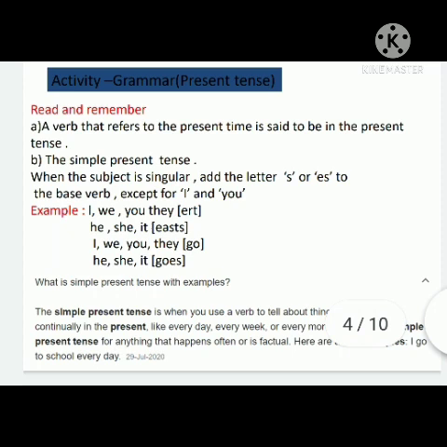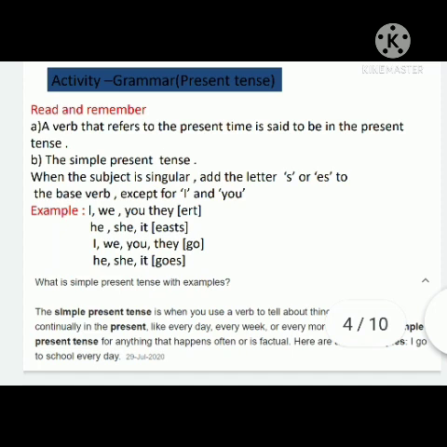For example, if the subject is I, we, you, they, we write the verb eat, without adding s or es. Suppose the subject is singular, he, she, it. Then we have to add s to the verb eat.